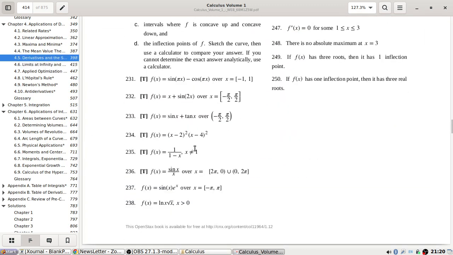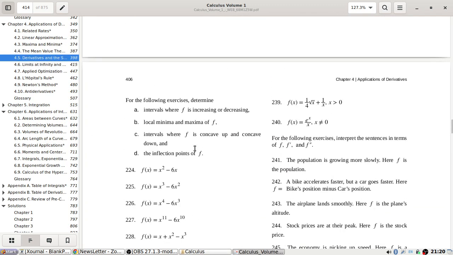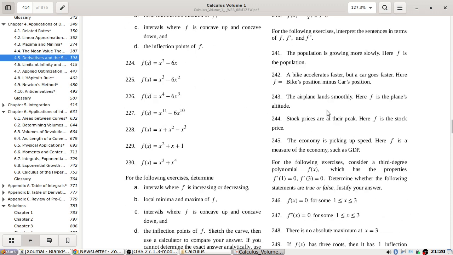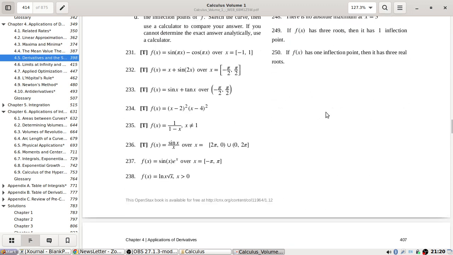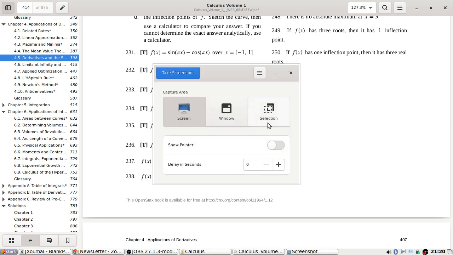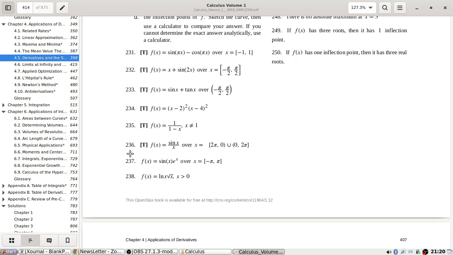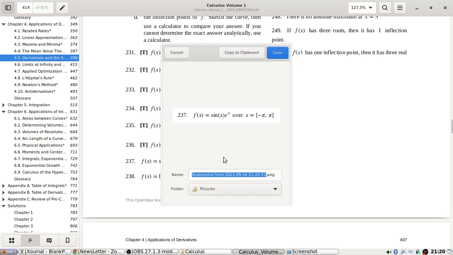Okay, we did those tech ones. Oh, I have to repeat what I did, but without a calculator. All right, 237.